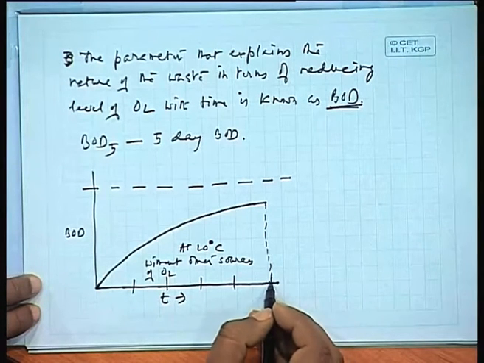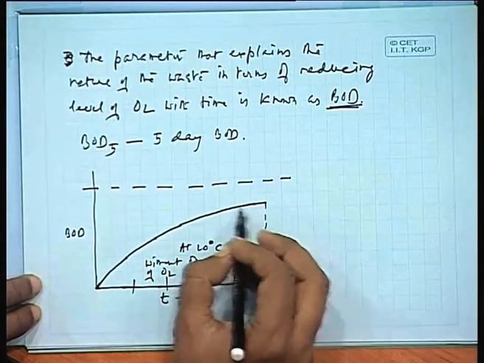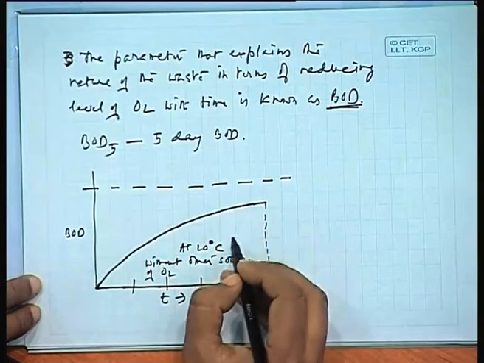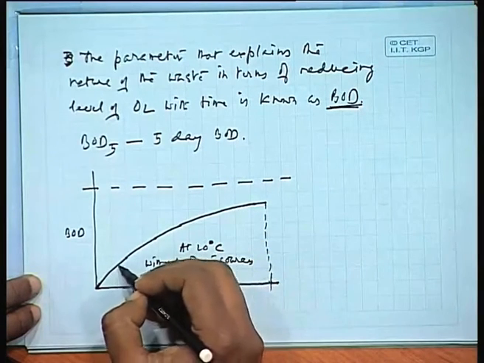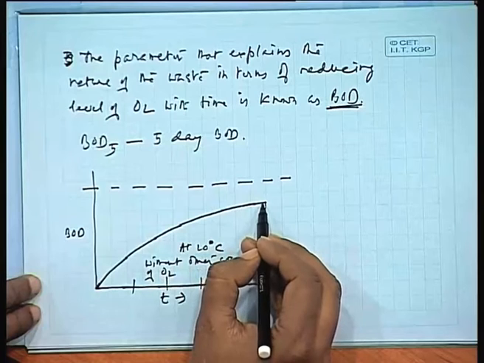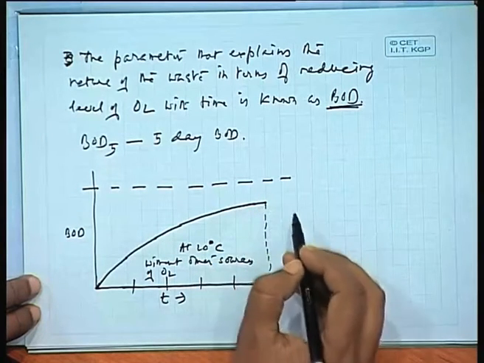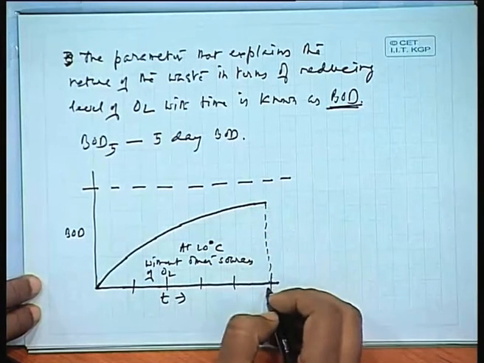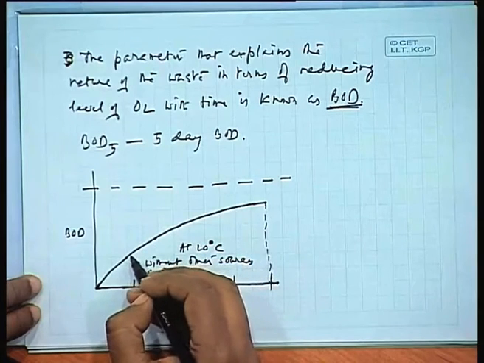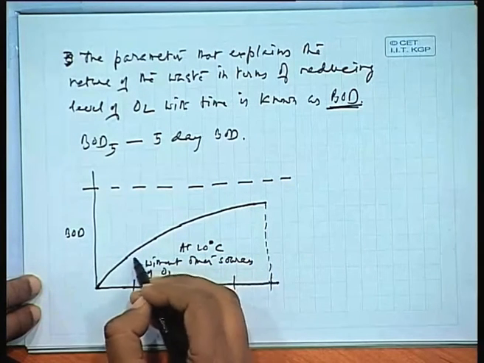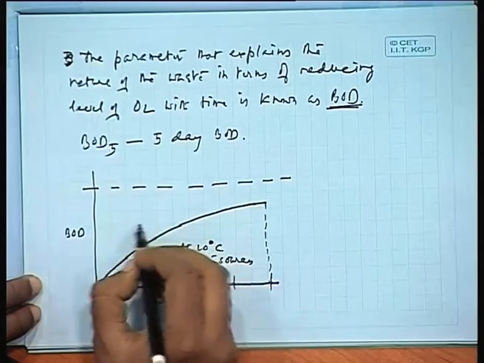In such cases this is how the biochemical oxygen demand would increase. And then finally what happens after 5 days, this zone is particularly what is observed.